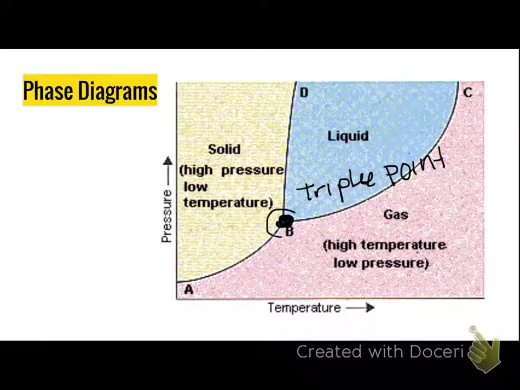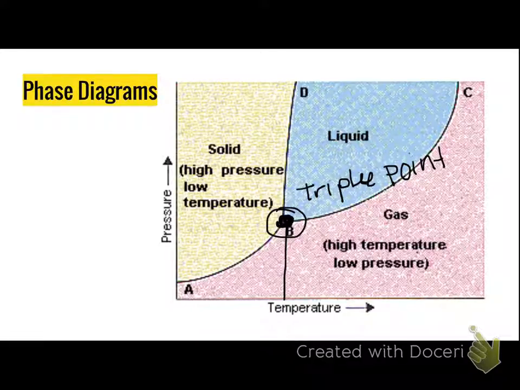But at this point right here, all of them are in equilibrium, and depending on, do we increase our pressure, do we decrease our pressure, do we increase our temperature, decrease it, do we increase both, do we decrease both, that is going to depend on whether that substance is moving to a solid phase, a liquid phase, a gas phase. But at that triple point, all three of them are in equilibrium.